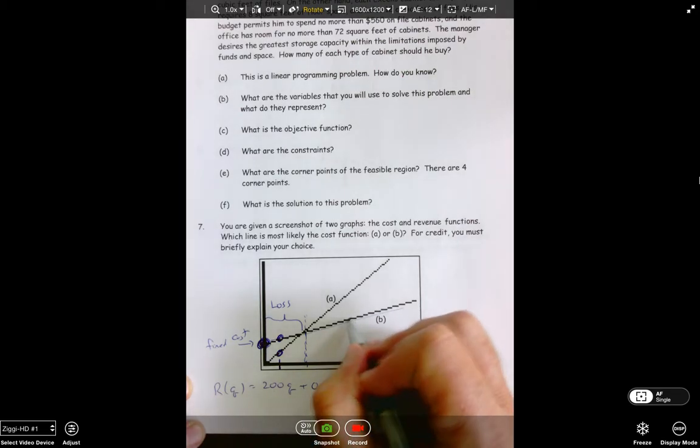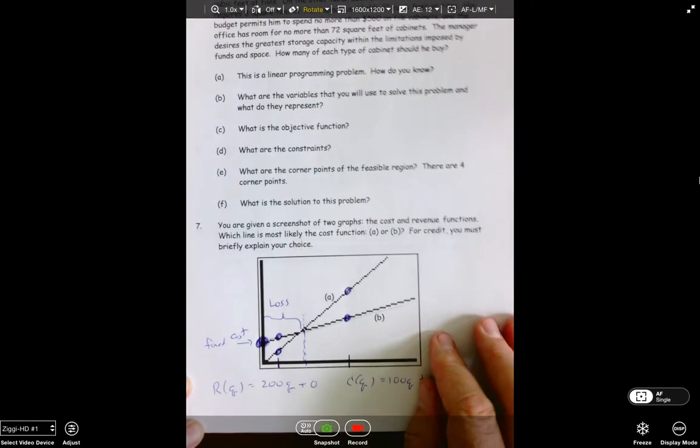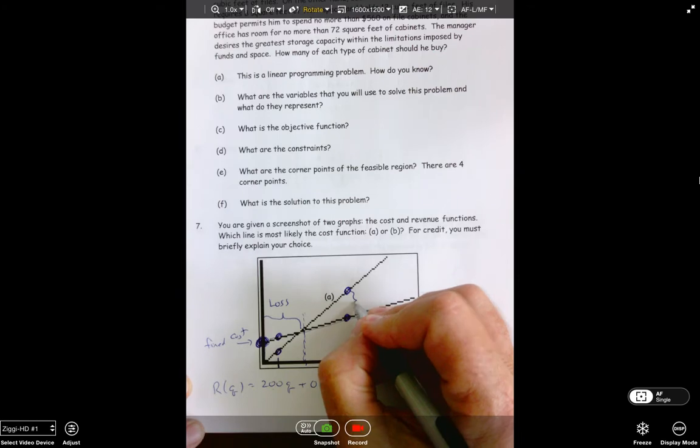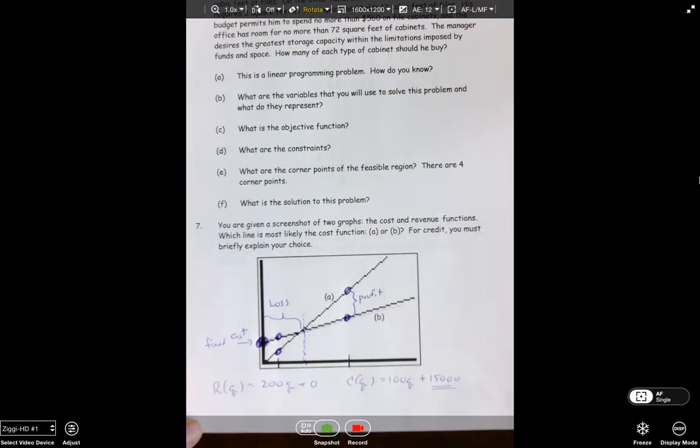I come up, there's my cost, there's my revenue for that x, and you can see that the difference between those two values is indeed the profit. So you can find the profit directly from the revenue and the cost function.